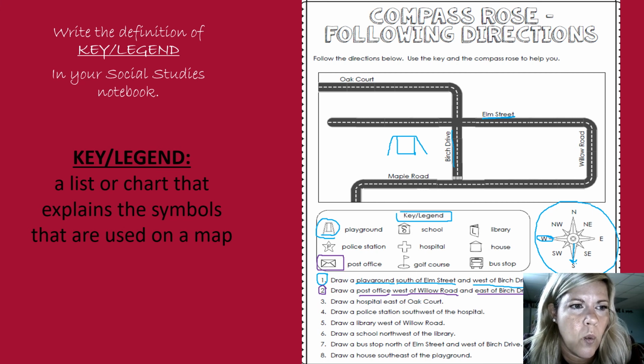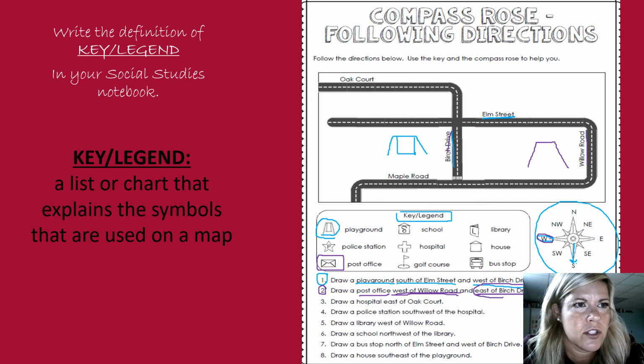Okay, west of Willow Road. So let's find Willow Road. Here's Willow Road. And west means I need to be to the left side of that road. Okay, so somewhere over here. But I'm not going to draw it yet because I also need to make sure that it is east of Birch Drive.